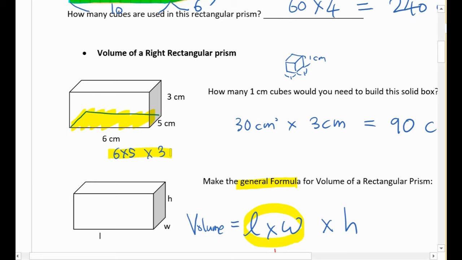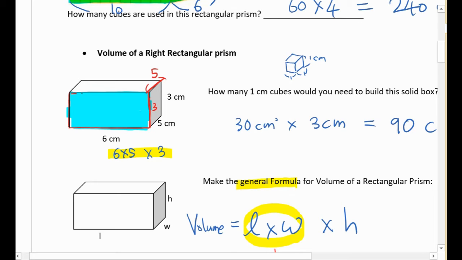Then what if we consider this front side as the bottom? Let's see what the expression will be. If you think of the blue part as the bottom, then this is 6 centimeters, this is 3 centimeters, and this is 5 centimeters. Is that right?